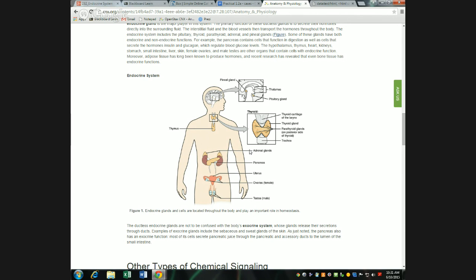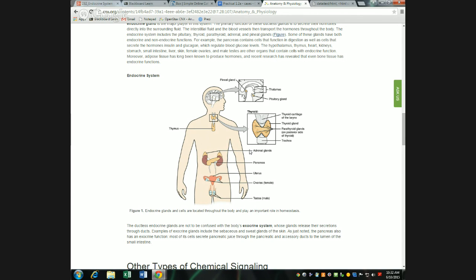And then we have the pituitary gland, which is the primary way that the hypothalamus controls the endocrine aspect of homeostatic mechanisms.